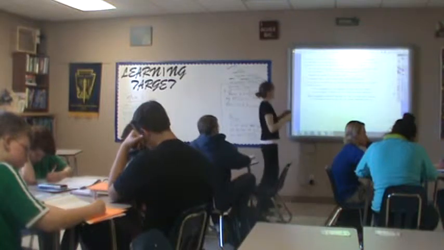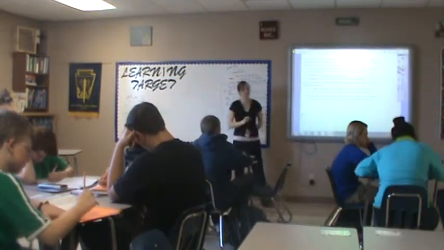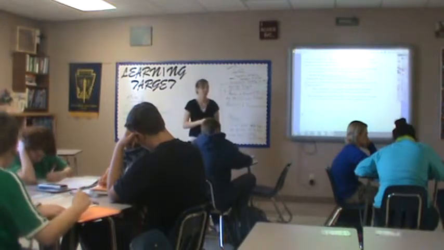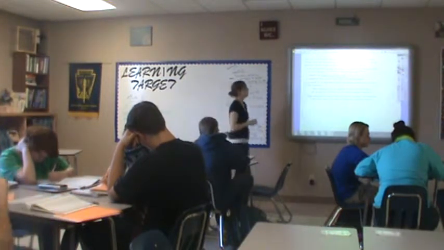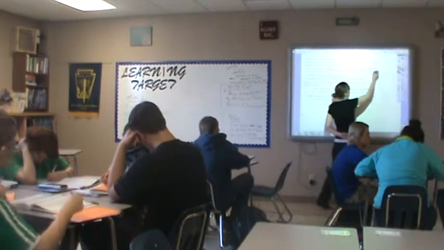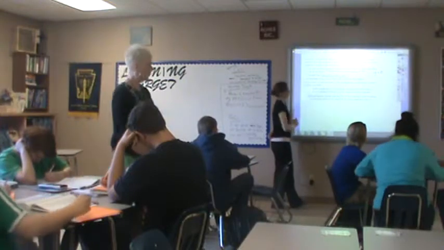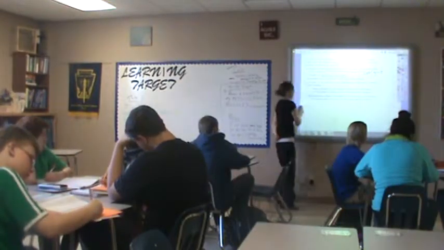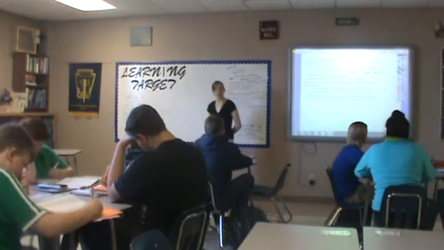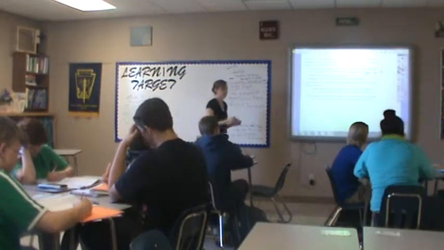Yep, and then next you need to find the values of A, B, and C. So maybe if you want to add a little note, you can say set y equals 0. Then you need to find those values of your A, B, and C.